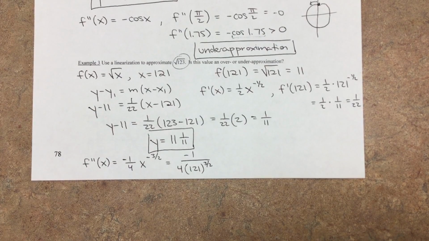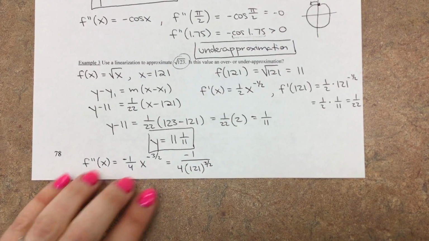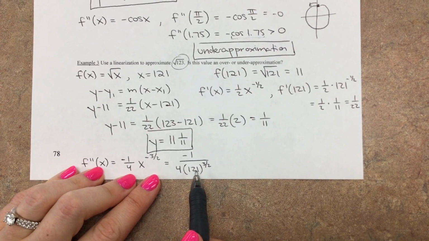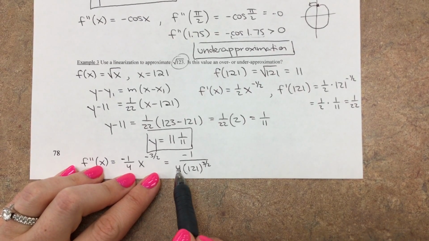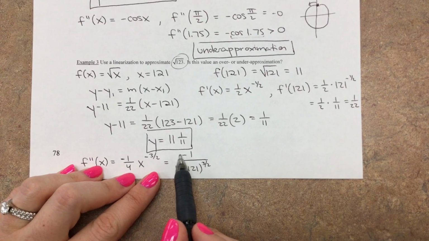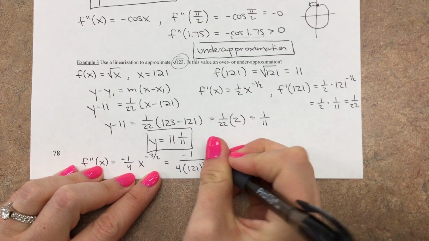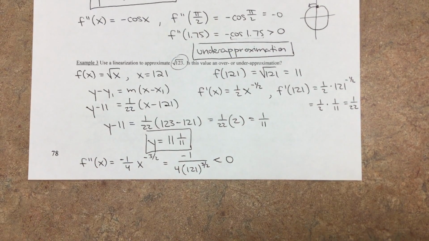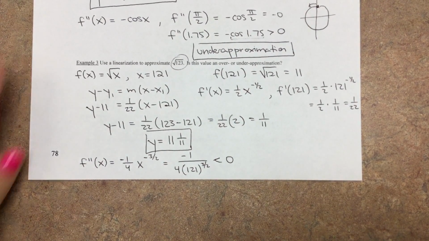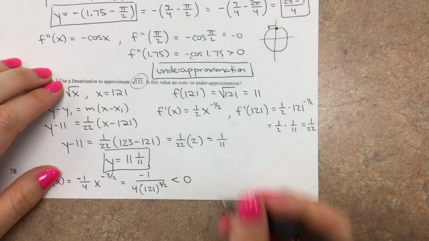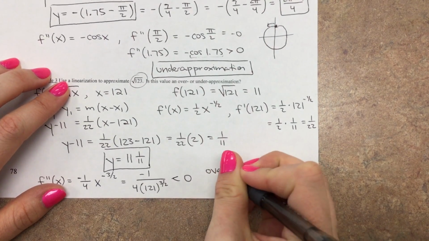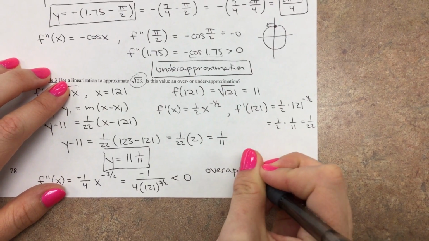It's not negative anymore because I flipped it down into the denominator. So I don't really have to figure out what this is. I just know that 121 raised to the 3/2 power is positive, times 4 would still be positive, and if I have a negative divided by a positive, I know that's going to come out to be negative. So if my second derivative is negative, that means my graph is concave down, which means the tangent line would go over. So the value that I just created was actually an over approximation.